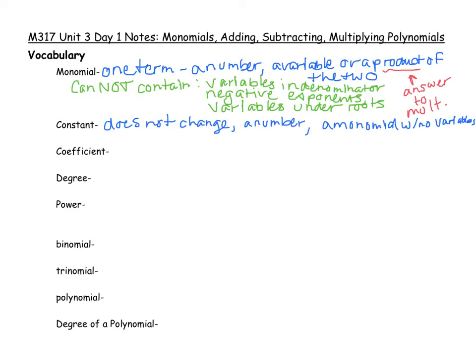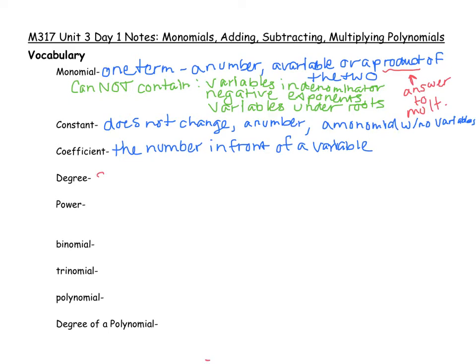A coefficient is the number in front of a variable. You should already know that term. And then the degree of a term is the sum of the exponents of its variables. This might be something newer for you.